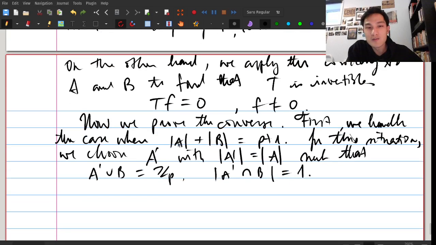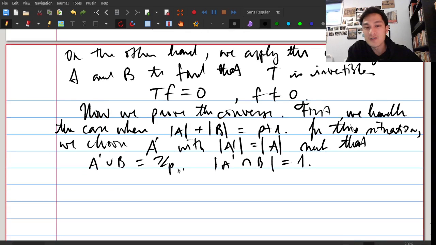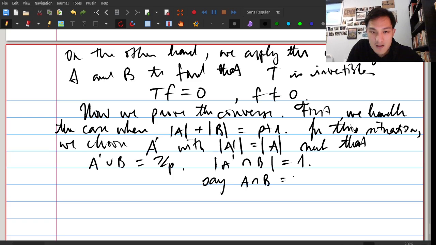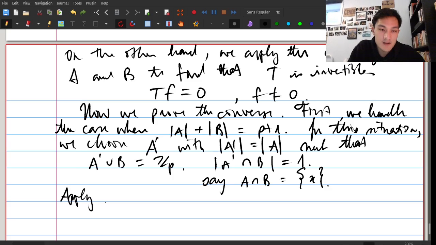Just like before, we have the sizes adding up, but we don't know that they add up in a disjoint way. It's sort of an almost disjoint way, but we can shift A around so that we have it exactly like this. So their union is Z_p, and their intersection has exactly 1 point. Say A prime intersection B is equal to some singleton set with x in it. So apply the corollary. Again, we're going to use that corollary to Chebotarëv's lemma.